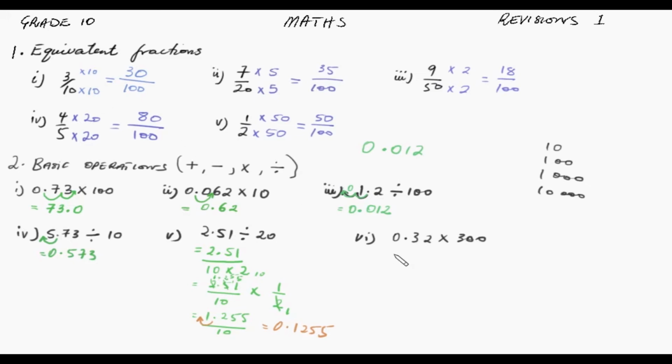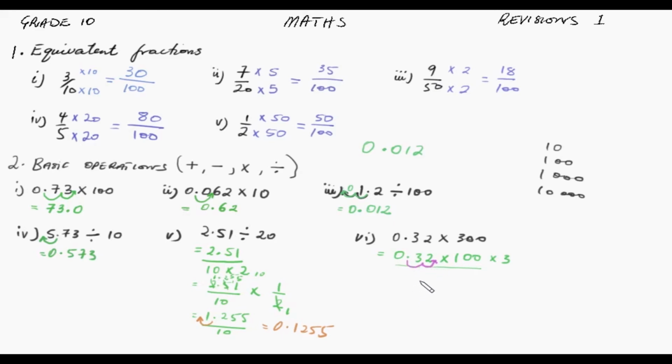I have 0.32 times, let's break this into 100 times 3. So we can focus on this. 0.32 times 100, the point will just move. This point will move to the right 2 times. 1, 2. It comes here.